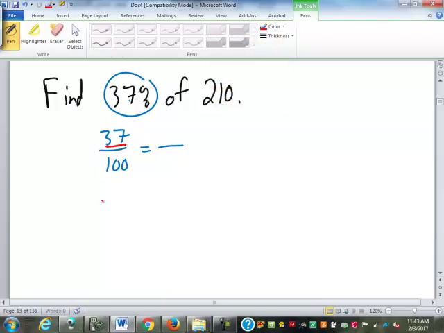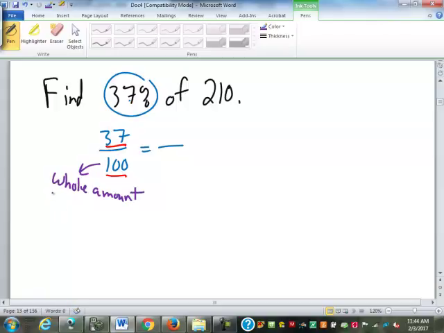One number corresponds to the 37, one number corresponds to the 100. So it's key to understand what each of those means. The 100 on the bottom here, 37%, we think of that as 37 out of 100. Just that phrasing implies that the 100 is a whole group or a whole amount.